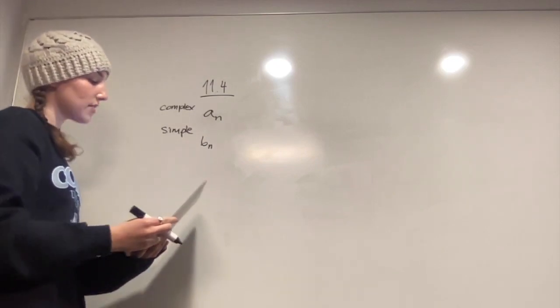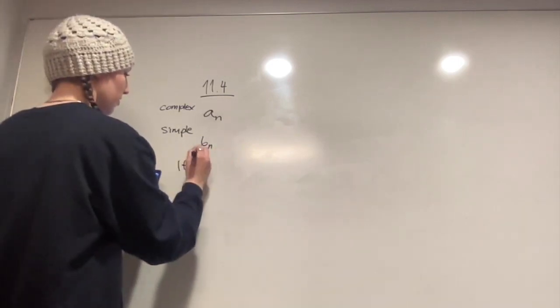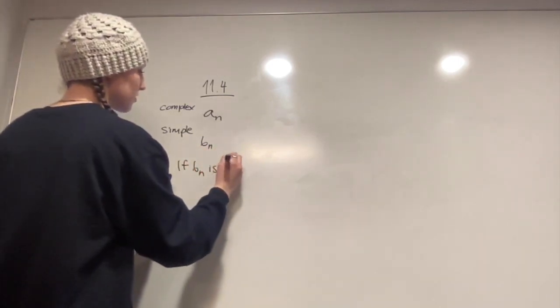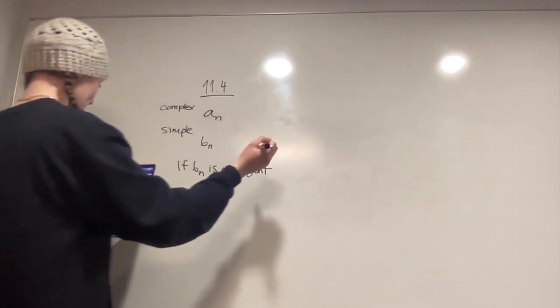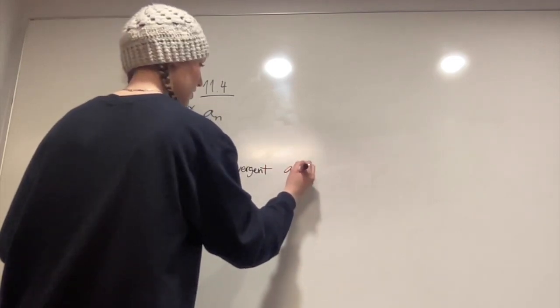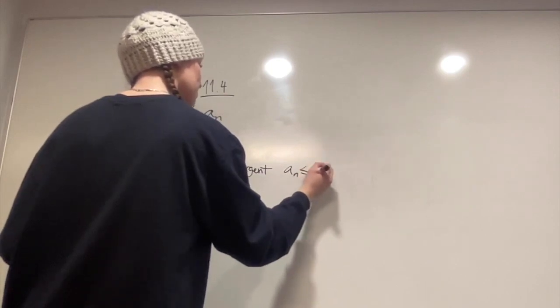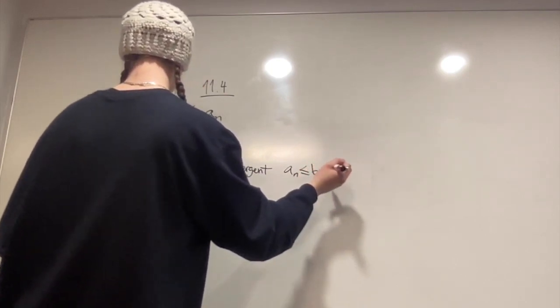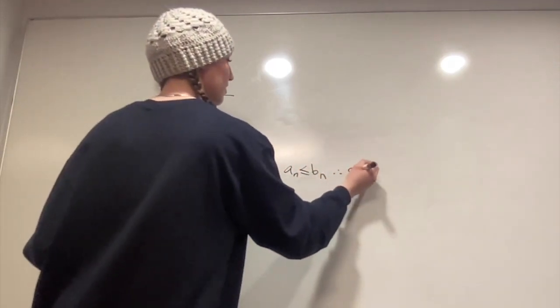So if the simple series b subscript n is convergent, and the complex series is less than or equal to the simple series, then the complex series is also convergent.